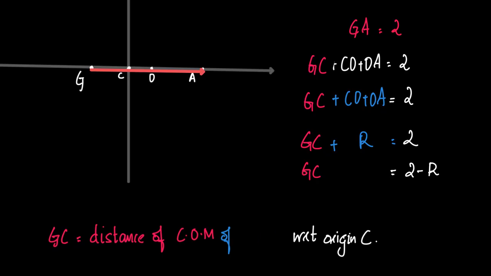Center of mass of what? Center of mass of the composite figure with respect to the origin C. Yes. Now refer to your previous diagram. Read the sentence. Write this along with me, and try to make sense by drawing and referring to your diagram, and things will become really clear to you.